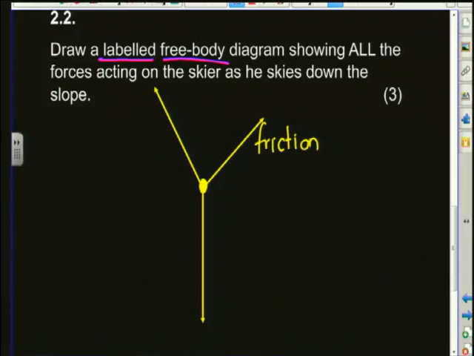Label your diagram, okay? This is weight. And this is the normal, okay? Remember, the normal can also be labeled as the force of the surface on the object. Weight can be the force of the earth on the object, the force of the gravity on the object. Friction is frictional force. You can't actually label it as anything else, okay?